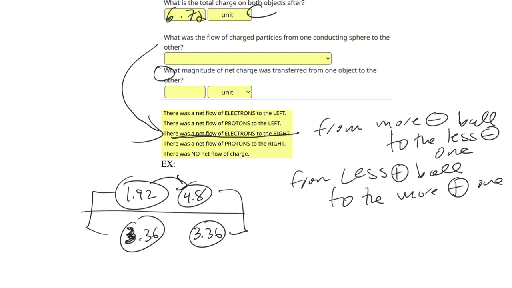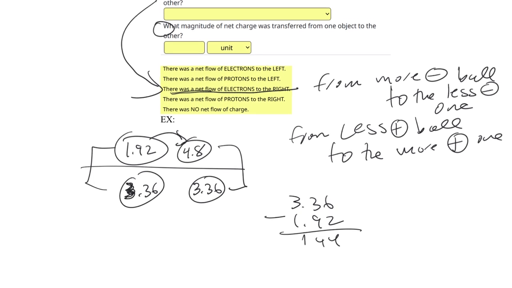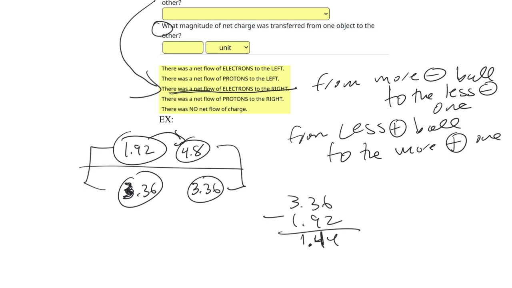So how did 1.92 become 3.36? Well, 3.36 minus 1.92. I'm getting 1.44 coulombs of negative charge was given off by the left one.